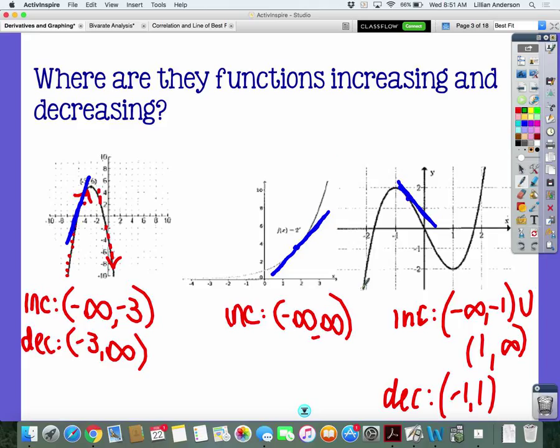No. As we see, it's increasing and then decreasing, so that means there's a max, and as it's decreasing and then increasing, it's a min. So as it changes, you can know, based off of the derivative, whether you're going to have a max or a min on your original function.